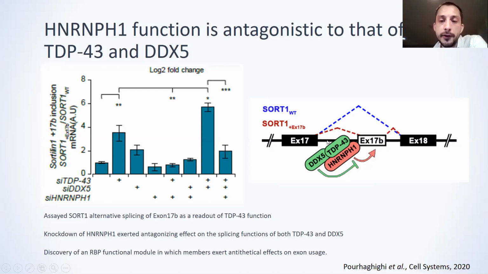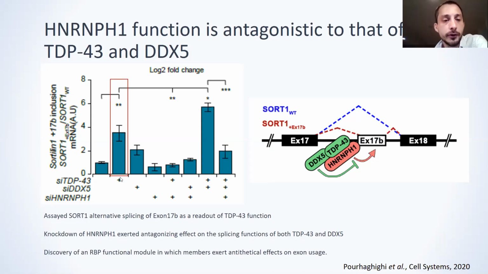So TDP43 actually binds upstream of exon 17b, and it's been previously shown that when you deplete TDP43, you get aberrant inclusion of exon 17b. That leads to a premature stop codon, nonsense-mediated decay of sortilin-1, and that actually has some consequences on the ability of sortilin-1 to interact with progranulin, which is also a gene which is genetically associated with frontotemporal dementia.